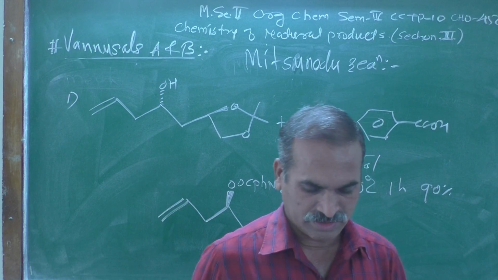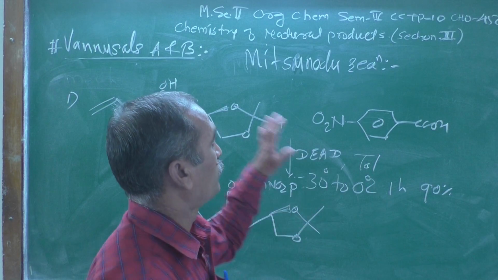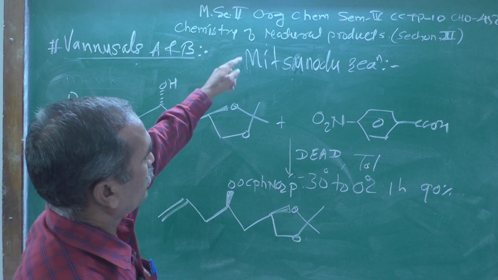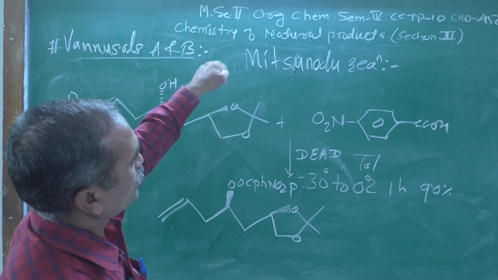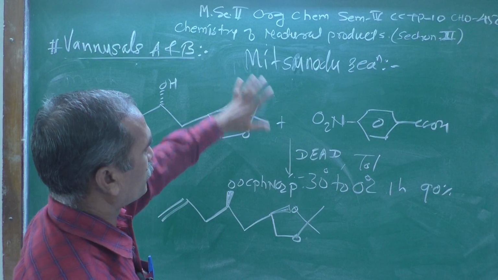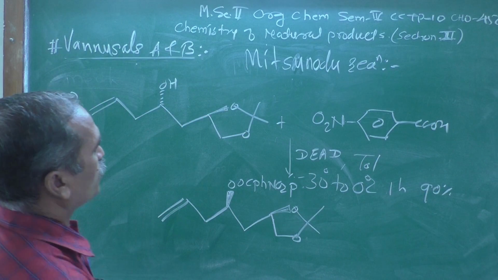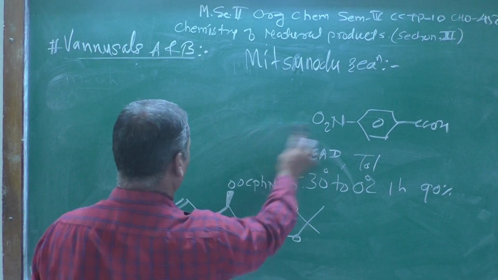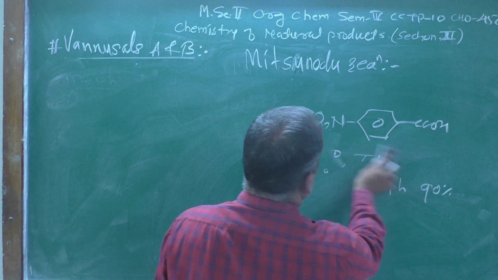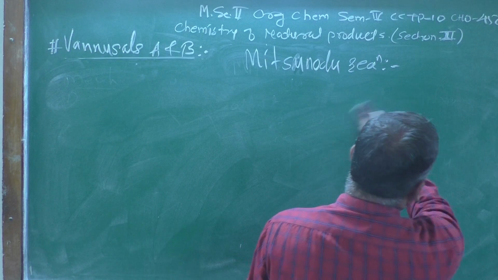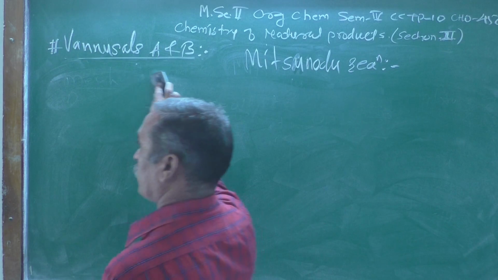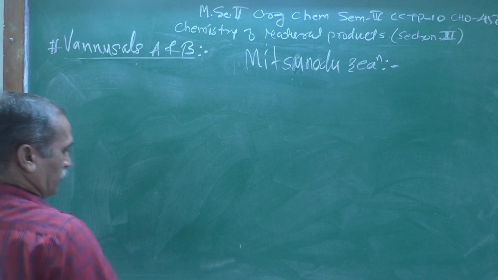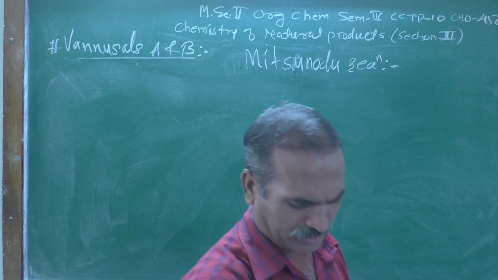So, this is one of the examples which explains the SN2 inversion, that is nothing but the Mitsunobu reaction. Okay. Now, let us see one more example, then we will discuss the remaining points of Vanucell B.